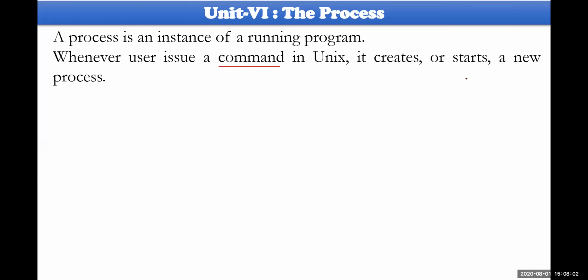Unix will always create a process. As and when you invoke any kind of command, Unix assigns some space to that particular process, and assigning space in the random access memory is called creating the process.